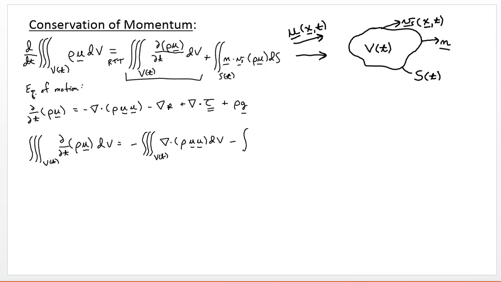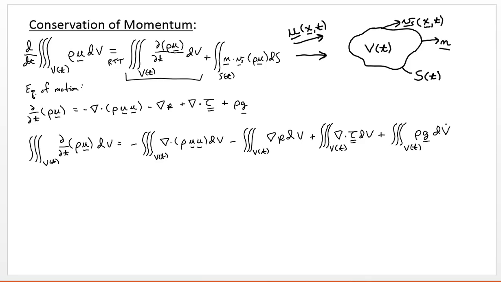We get minus the volume integral of the pressure gradient. We add in the volume integral of the divergence of the viscous stress tensor tau. And then finally, we have the volume integral of the gravity term, rho g. That's the gravitational force per volume integrated over the volume of the system.